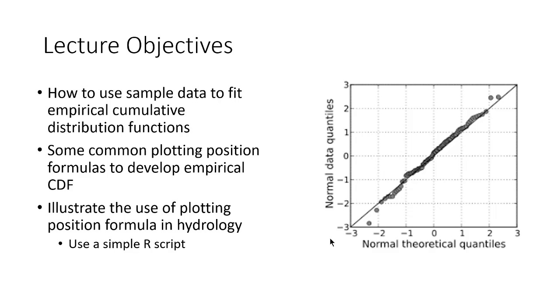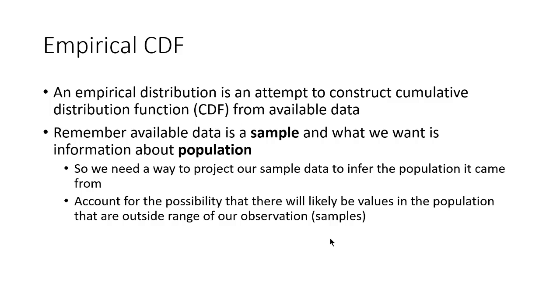So I'm going to talk about some common plotting position formulas that we use in hydrology. And then finally, I'm going to illustrate the use of plotting position formula in hydrology using a simple R script. Again, you will use this R script and perform the same calculations in your class. So with that, let's delve in and look at these concepts.